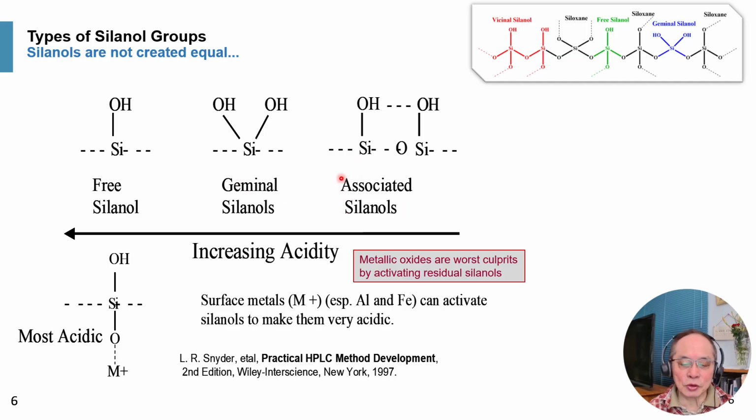So you have associated silanol groups, which are hydrogen bonded to each other and adjacent, and therefore pretty non-active. The geminal silanol groups are more active, increasingly more acidic, and free silanols are actually the most acidic. However, it turned out that the most acidic silanol groups are those adjacent to a metallic oxide.